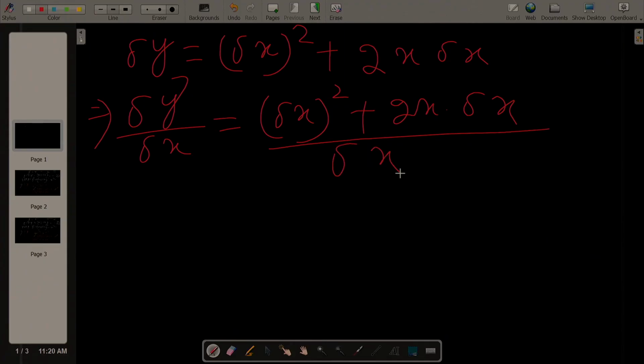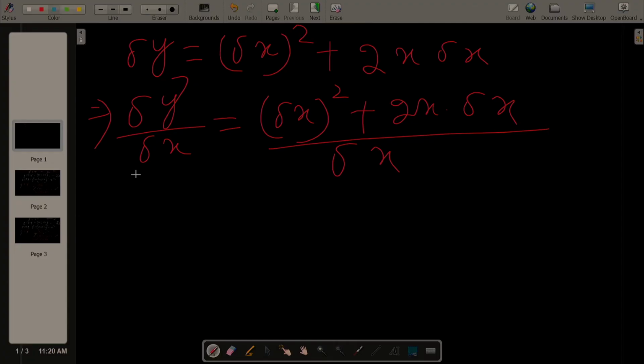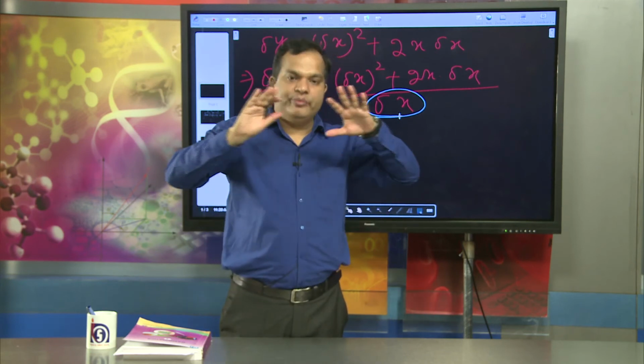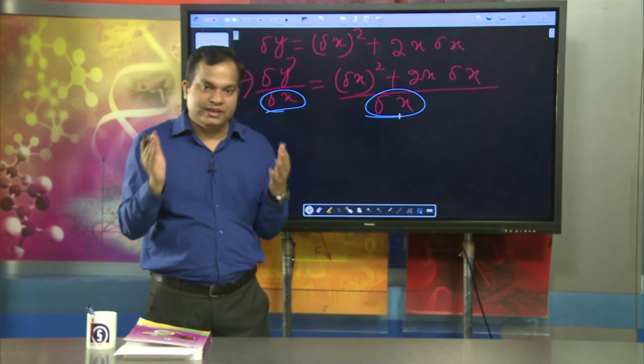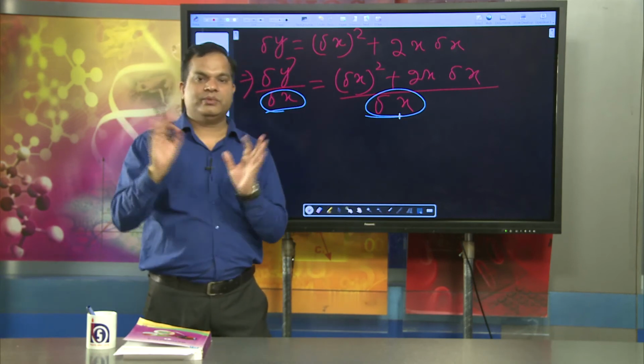What have we done here? Very simply, del x is divided on both sides. There will be no problem, because if the same quantity is divided on both sides, there will be no change in the equation.